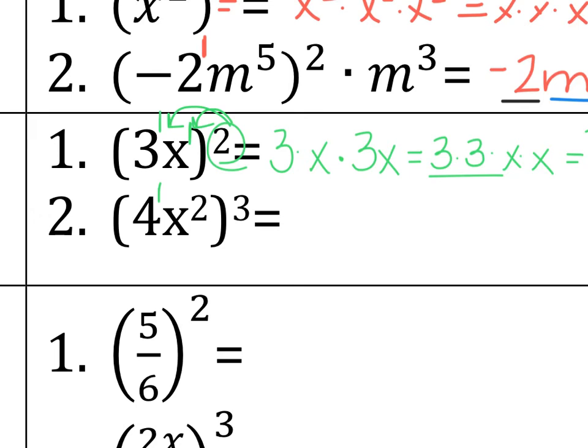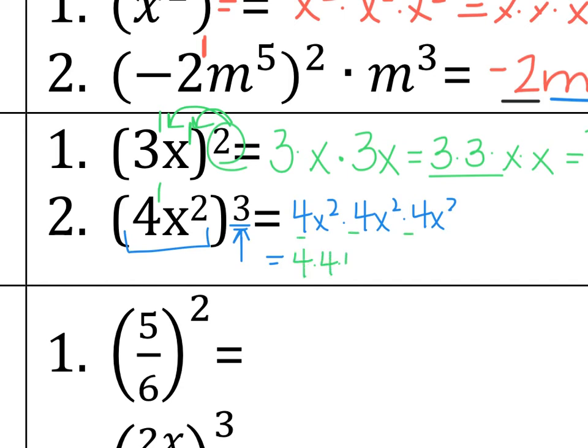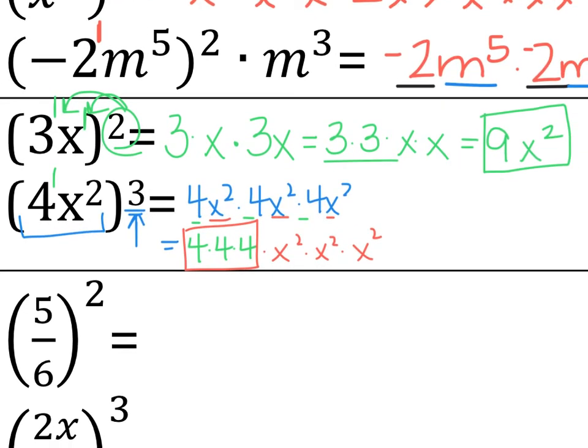Number 2, we're going to write out the long way as well. We need this term 3 times, so it's 4x squared times 4x squared times 4x squared. I'm going to group like bases together, so I'm going to group my 4's together, which is 4 times 4 times 4, and my x's together, which is x squared times x squared times x squared. 4 times 4 times 4 is going to give us 64.